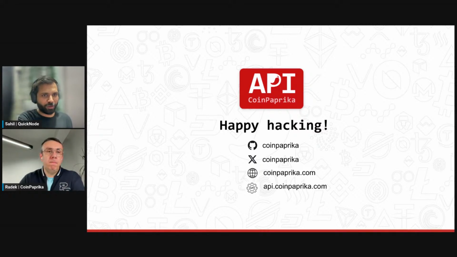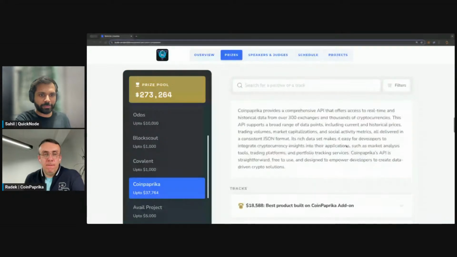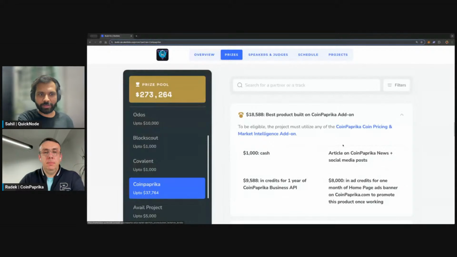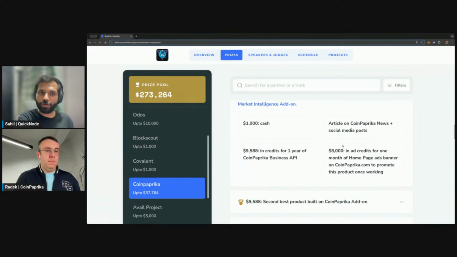CoinPaprika has a lot of bounties for the hackathon, so let's see what you get if you win. CoinPaprika has mainly three bounties: winner, runner-up, and second runner-up. The winner, who has implemented the CoinPaprika coin pricing API in the best manner, will win $1,000 in cash, an article on CoinPaprika News, along with social media promotion on CoinPaprika handles.